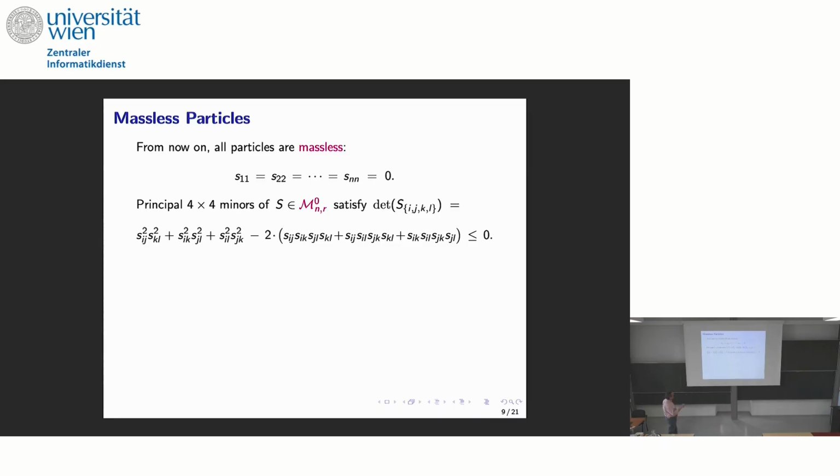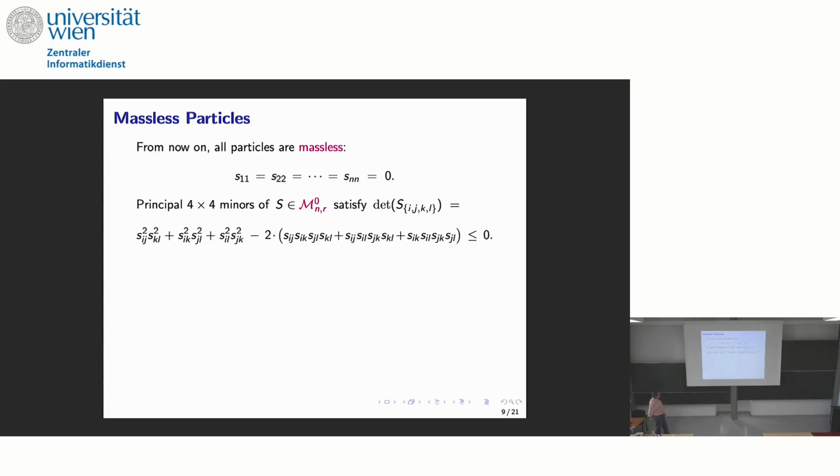If the particles are massless, then the diagonal entries are 0, and I'm using the notation M0nr. This is all the Mandelstam matrices, n by n, of rank exactly r, that have zeros on the diagonal.